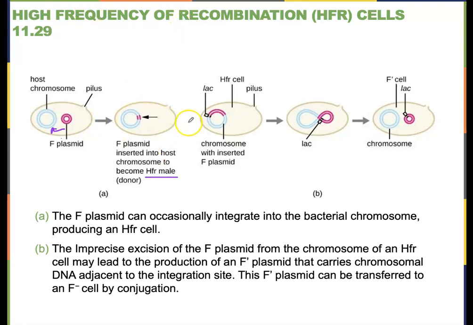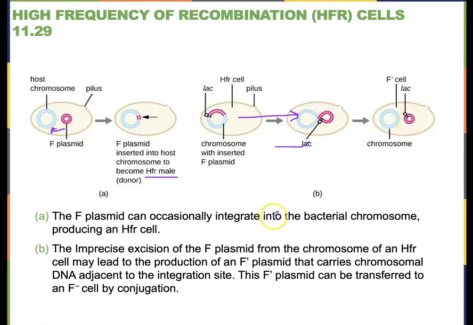That means this cell is really into conjugation and will form that sex pilus and donate not only the F plasmid, but basically pieces of the chromosome too. So don't worry about the example here, but if there's a lac gene, that gets put into our recipient.